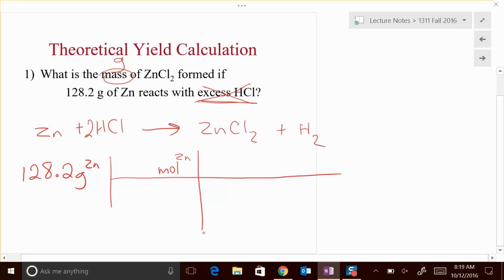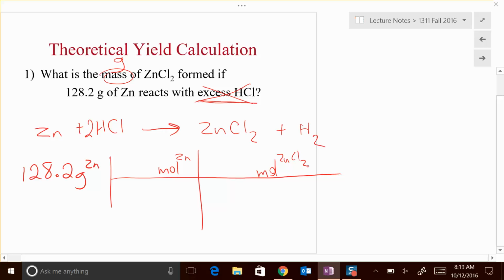Okay, grams of zinc to the moles of zinc, because now that it's in moles of zinc, I can change it to something else, because I'm going from zinc to zinc chloride. I can only change it if it's in moles. Okay? So now that it's in the moles of zinc, now I can change it to moles of zinc chloride.